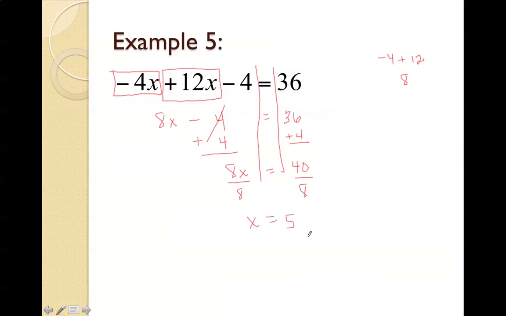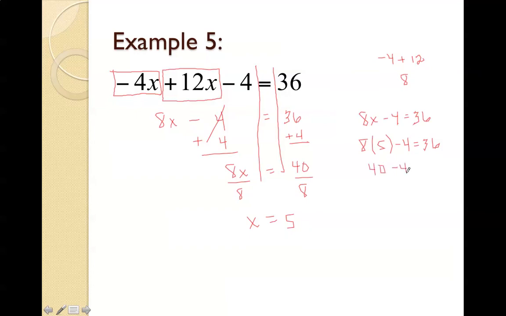5. Now, if I were to check this answer, I'm going to look after I have combined like terms. So my two-step equation was 8x minus 4 equals 36. So I want to plug my answer in of 5. So I would have 8 times 5 minus 4 equals 36. 8 times 5 is 40.